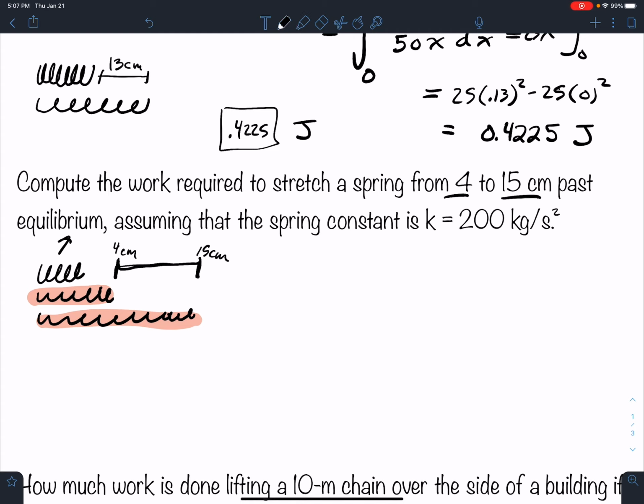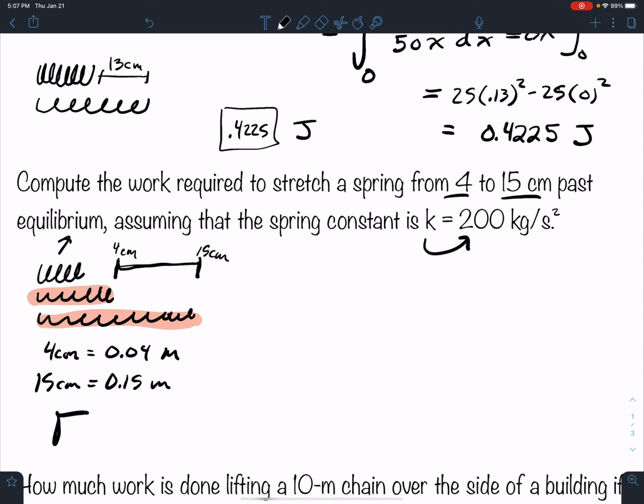First thing I do is convert my centimeters to meters, so 4 centimeters is 0.04 meters, and 15 centimeters is 0.15 meters. Now the spring constant here, I'm told, k is 200.